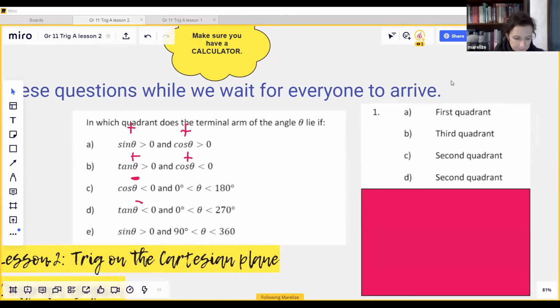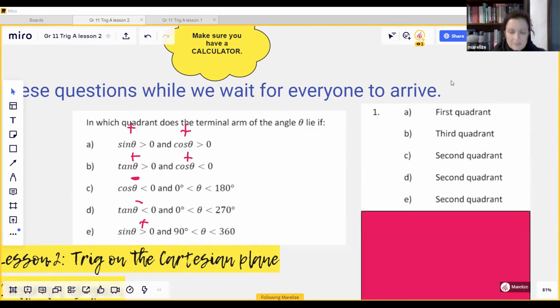Well done. And lastly, where is sine positive? Sine is positive and the angle must be between 90 and 360 degrees. So if we go 90 to 360 and sine is positive, that can only be in the second quadrant as well. Okay, so all the last three were all second quadrants.